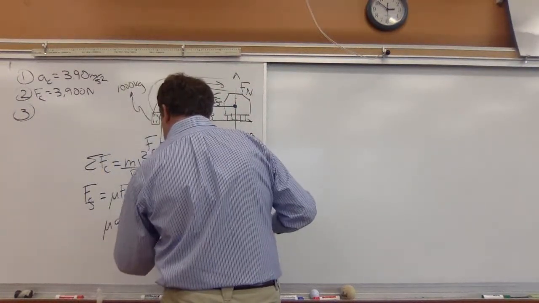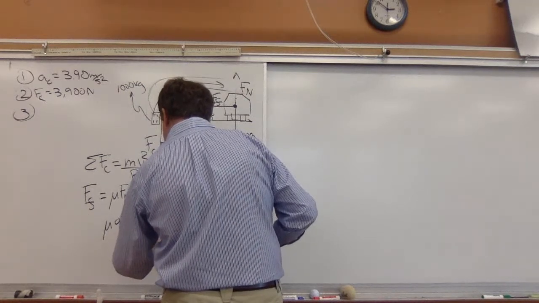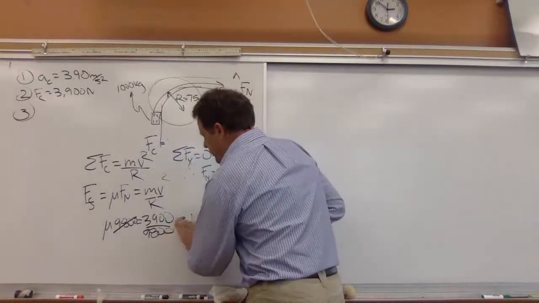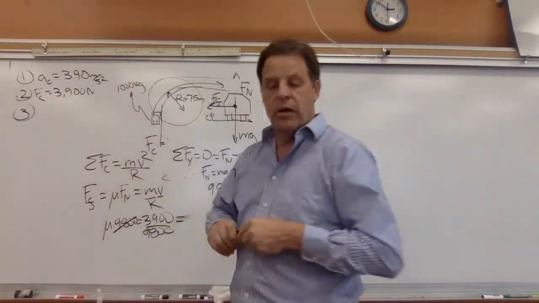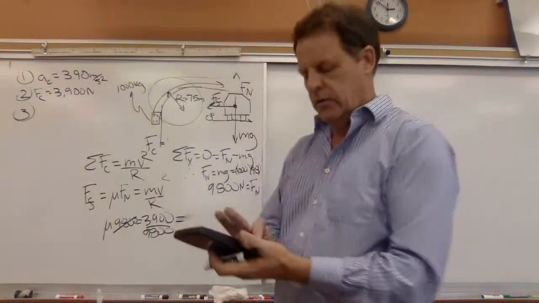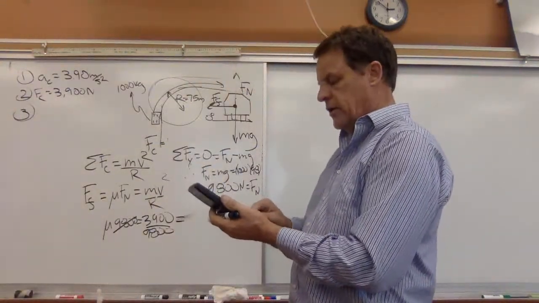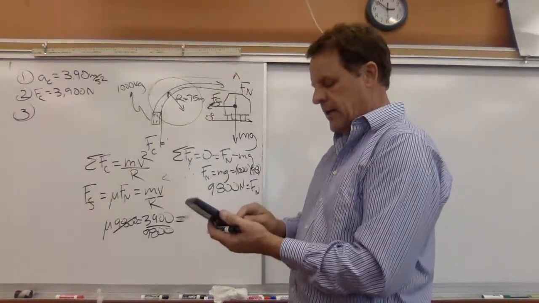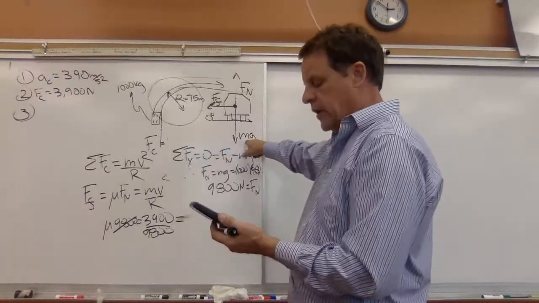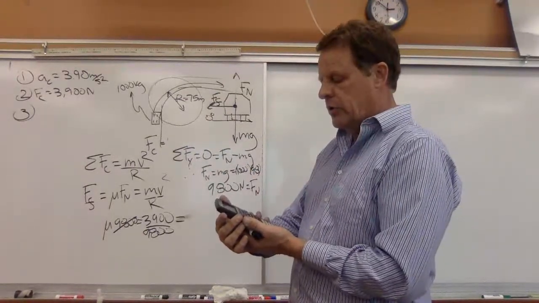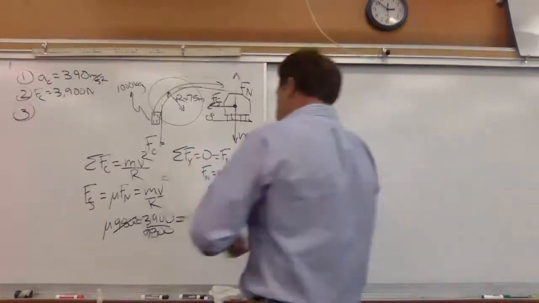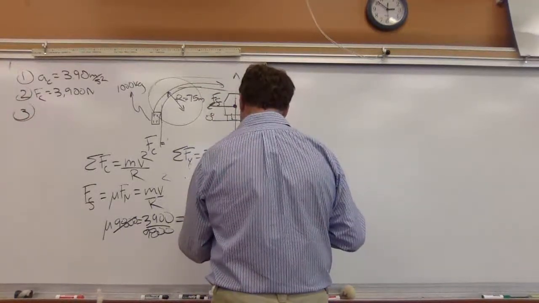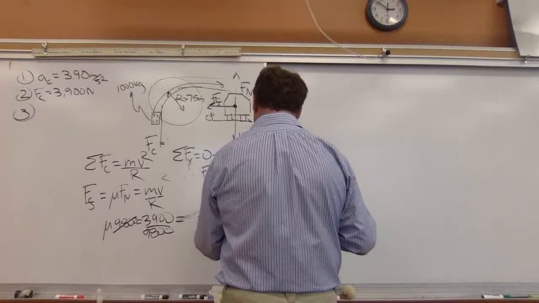And so if we say 3,900 divided by 9,800, that is going to be our mu. The 3,900, which came from the mv squared over r from number 2, divided by 9,800, which came from calculating our normal force, we're going to get a mu of 0.398. 0.398 is equal to our mu.